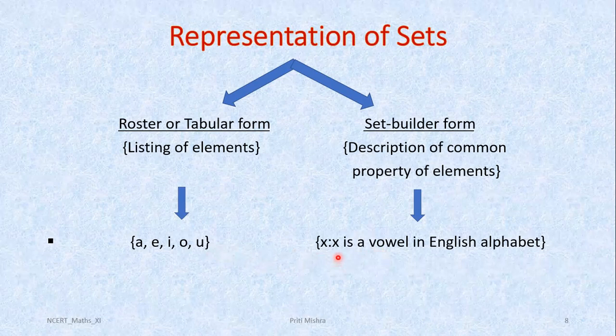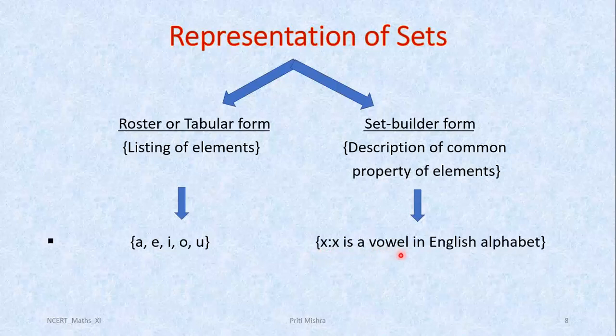You have to write it in the form of language, mentioning the common identity of all these elements. What is the common property of all these elements? That they are all vowels in the English alphabet. We just write that within the curly braces for set builder form.